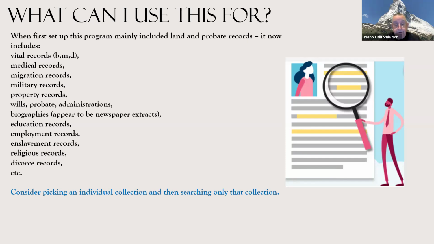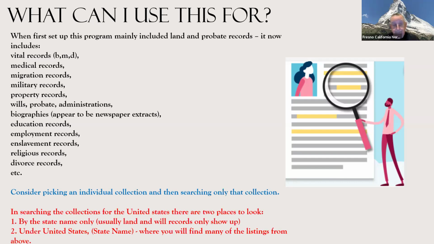When you're doing this, consider picking an individual collection to search, because there's going to be more and more records in here, and it's going to be harder and harder to find the one you want. So you might want to filter down to the location and kind of records you want to begin with, so that you don't get inundated with too many results.